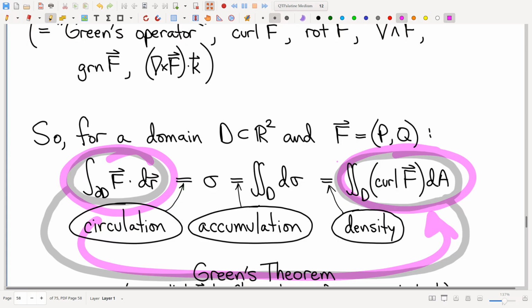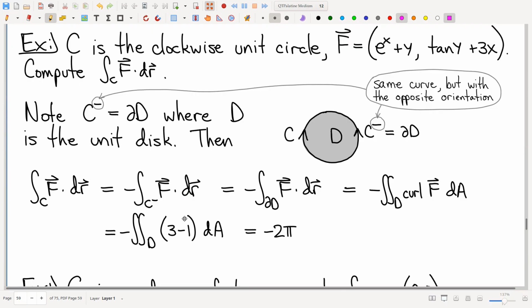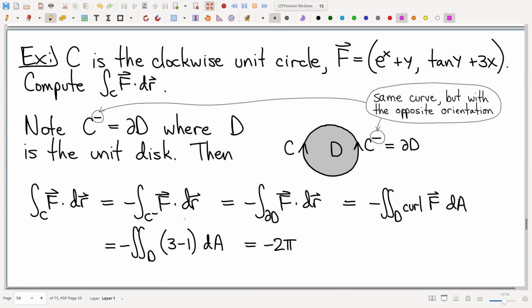There is no promise that the new integral that you turn it into will necessarily be easier. Now, I chose an example here that made it easier because I'm trying to make a sale, right? I'm trying to persuade y'all that Green's theorem is a good thing. And so I picked an example where it works out great. And this new integral here, of course, is fabulous, way easier than the original question. But again, it's just a new integral, and there's no law that says it's going to have to be easier.